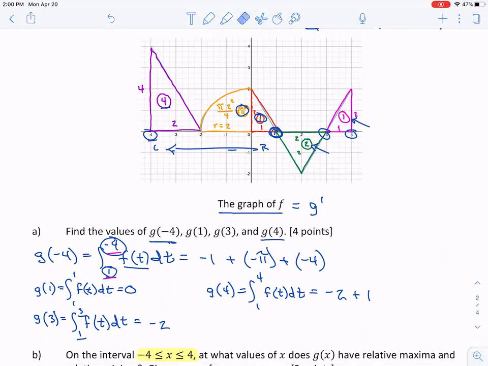I'm going to leave my areas in there in case I need those a little bit later, but I am going to take out some of this so I can see the function a little bit better.